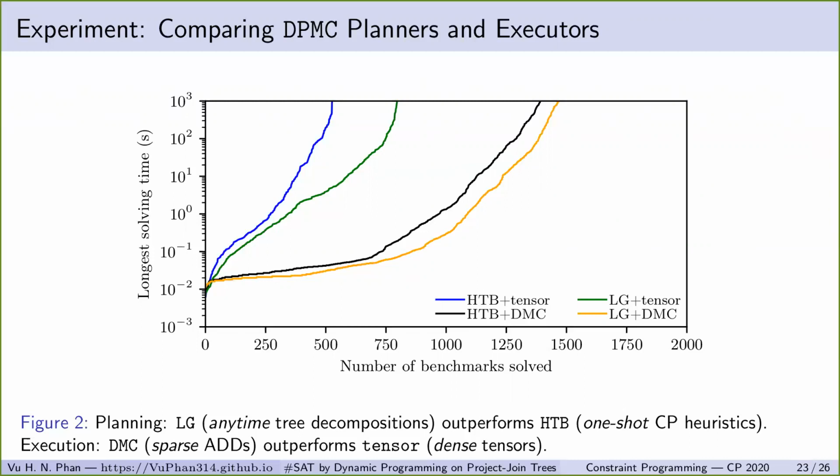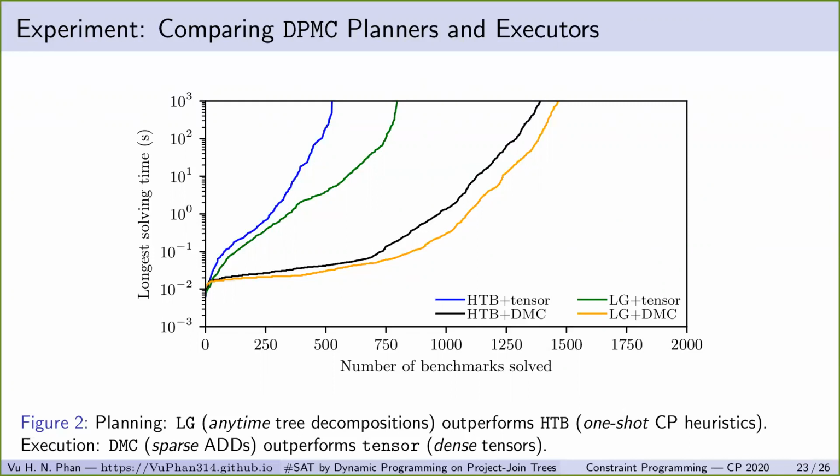Observing these 4 lines, we can see that across both executors, the planner LG, which uses anytime tree decompositions, is better than the planner HTB, which uses one-shot CP heuristics. Also, across both planners, the executor DMC, which uses sparse ADDs, is better than the executor tensor, which uses dense tensors.